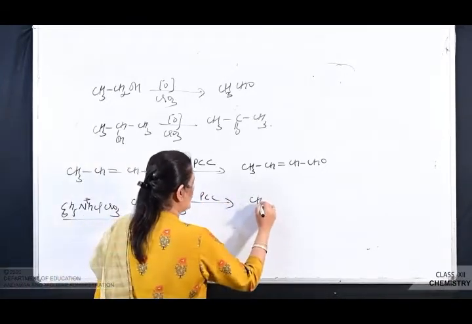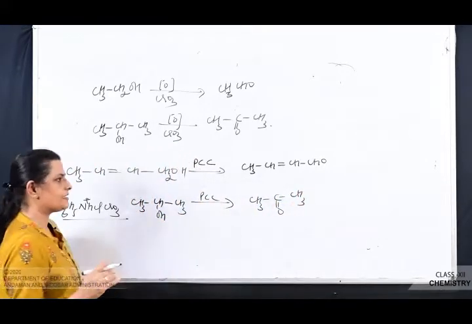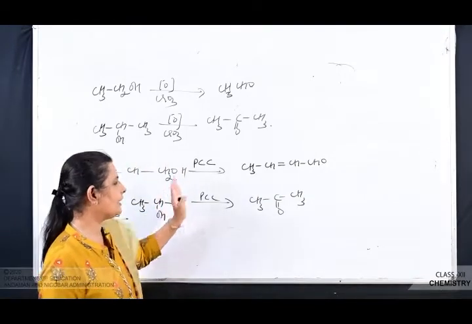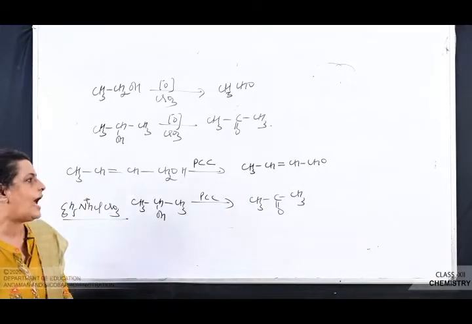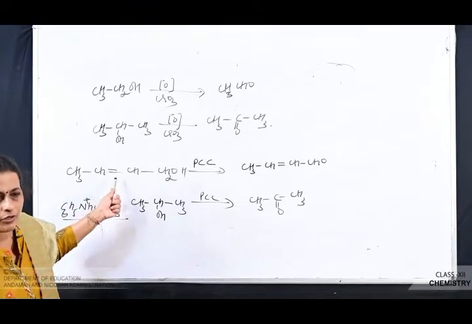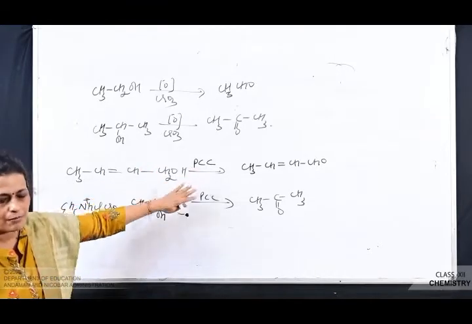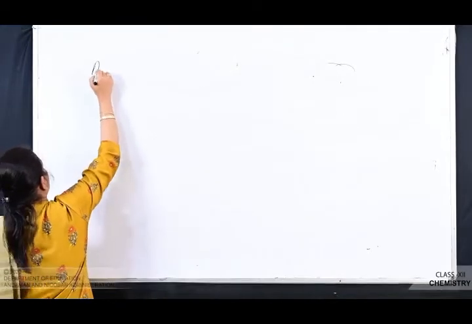If it is unsaturated, the double bond won't be attacked. So PCC is a very good reagent for converting primary and secondary alcohols to aldehyde and ketone, because it is a very mild oxidizing agent and it will not affect the double bond or triple bond. Next is dehydrogenation reaction.